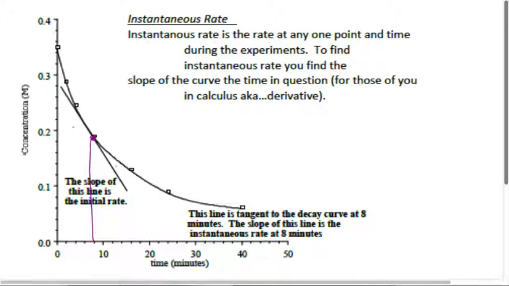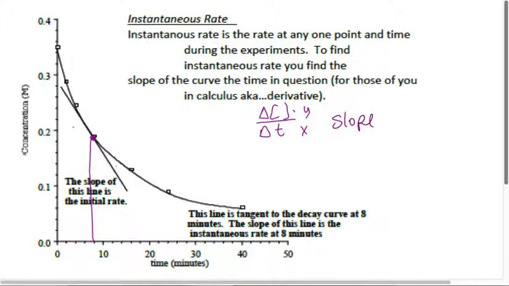Well, we know that this is concentration and this is time. So how do we measure rate? Remember that first day? Isn't it change in concentration over change in time? Isn't that rate? What on this graph represents change in y over change in x? The slope.